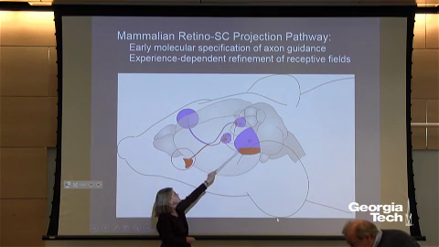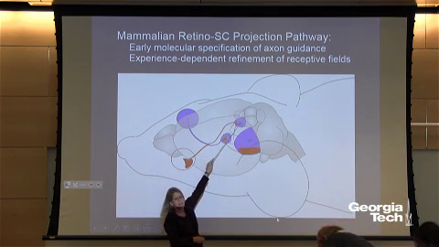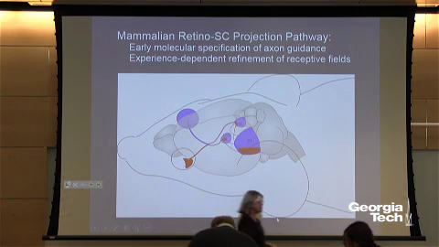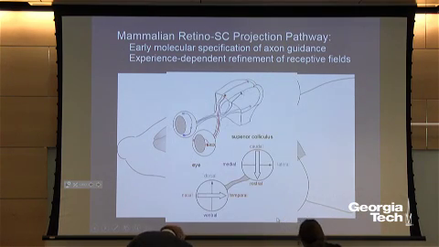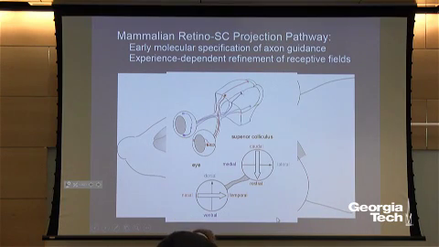LGN projects into visual cortex projects back to superior colliculus. So that's just the general anatomical picture here. And if we look at the dorsoventral and nasal temporal axis of the retina, those are re-represented within the tectum to produce that topographic map.